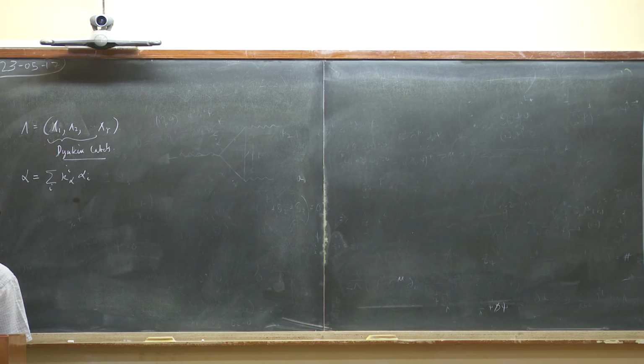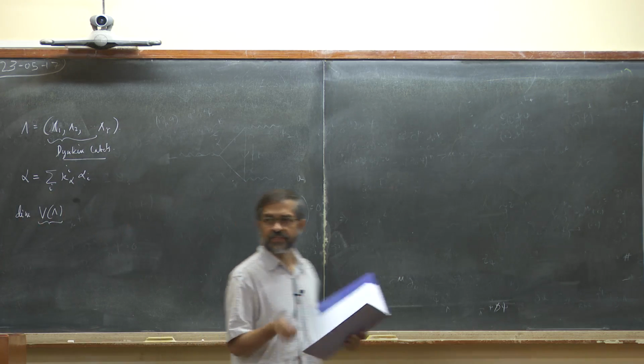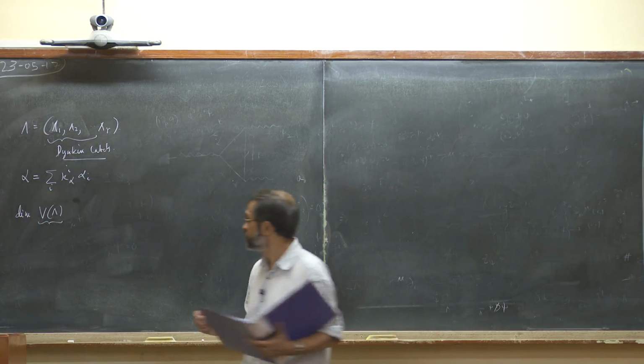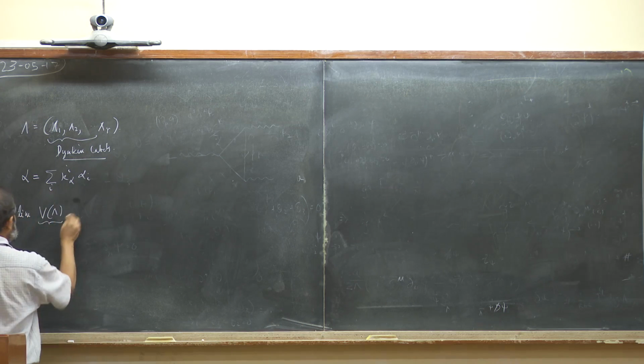Then the dimension formula is the following. So the dimension of the representation space given by the highest weight vector lambda. Remember that once I specify the highest weight vector, I have specified the representation, because we have discussed how to do that.